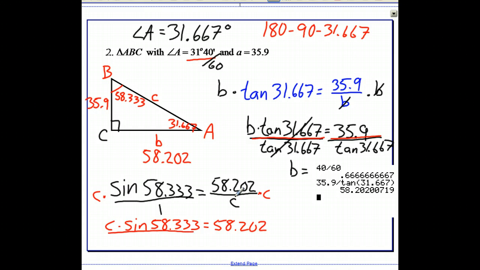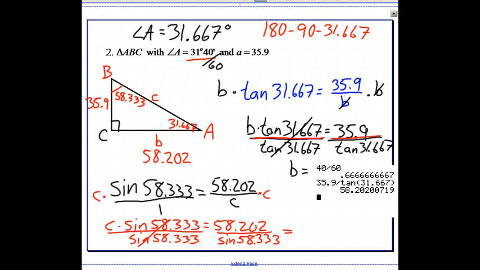And we can divide both sides by the sine of 58.333. Those will go away, and we will be left with our C value.